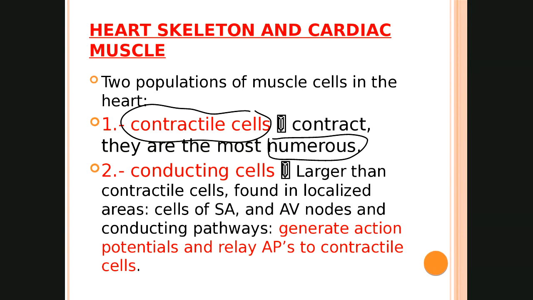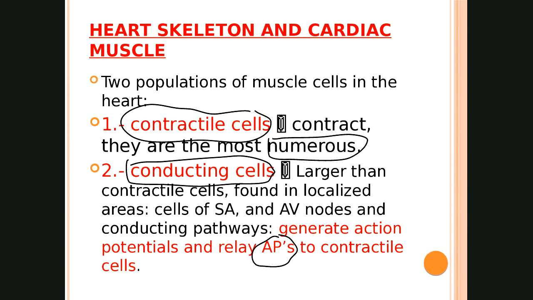The other population of cells are not as numerous, but they're very, very important. These are called conducting cells. These are very special cells. These are the cells that initiate action potentials, which are going to be transferred to the contractile cells, stimulating contractions.